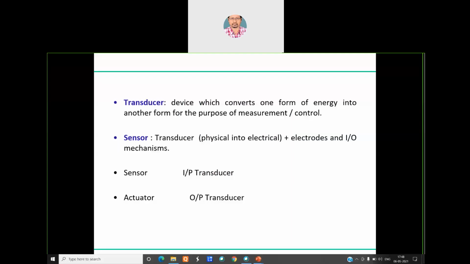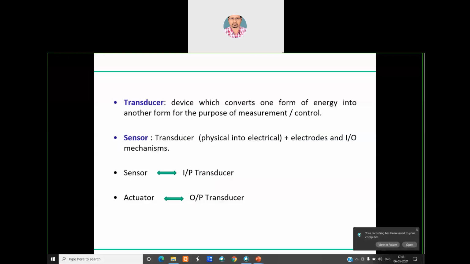Then we also saw the interrelation between these three terms, transducers, sensors, and actuators, as it is being reciprocated over here. Why the sensor is called the input transducer, or why the actuator is called the output transducer. Okay. What are the additional things you shall need to convert a transducer into a sensor?